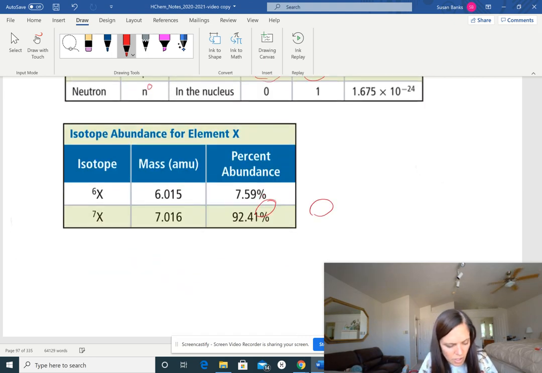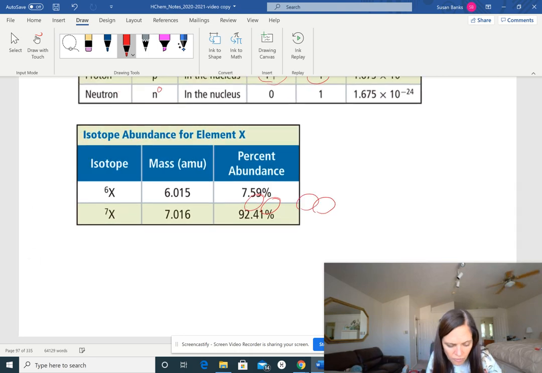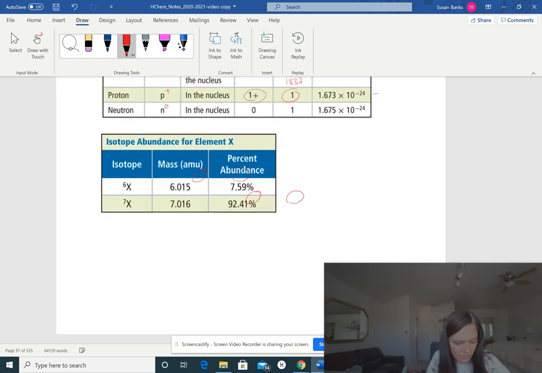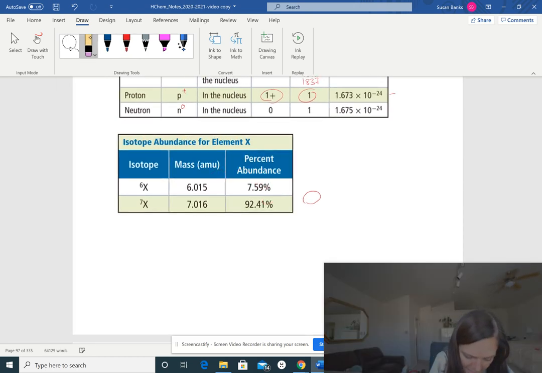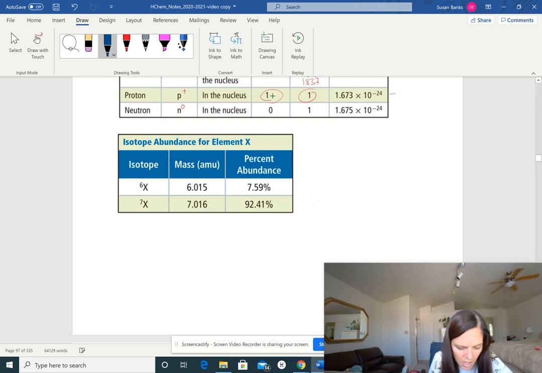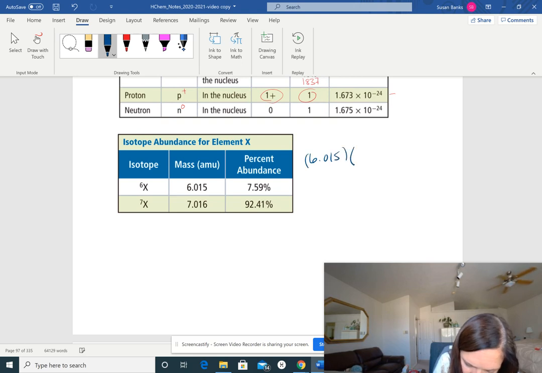Okay, so isotope abundance for element X. Let's figure out the average. Now we want to do a weighted average here. So we are going to calculate this weighted average. So I have mass of 6.015, and I have a relative abundance.